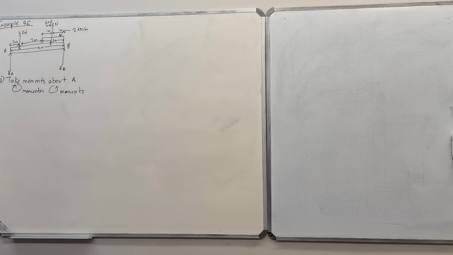What would cause the other end to move in a clockwise direction? Downwards forces, right? So your first downwards force is 3 kilonewtons. How far away is that from A? 2 meters. Plus your concentrated load, which is 4 kilonewtons. And how far away is that from A?